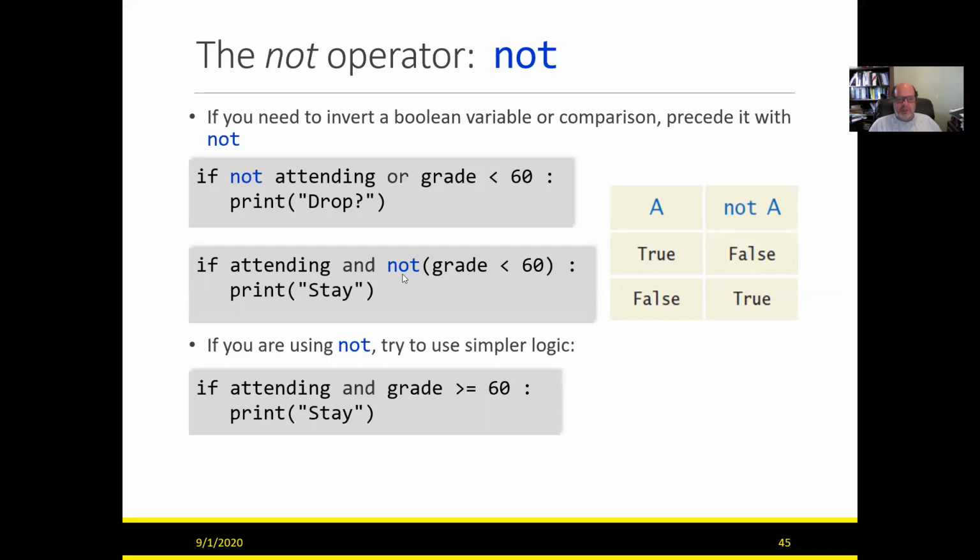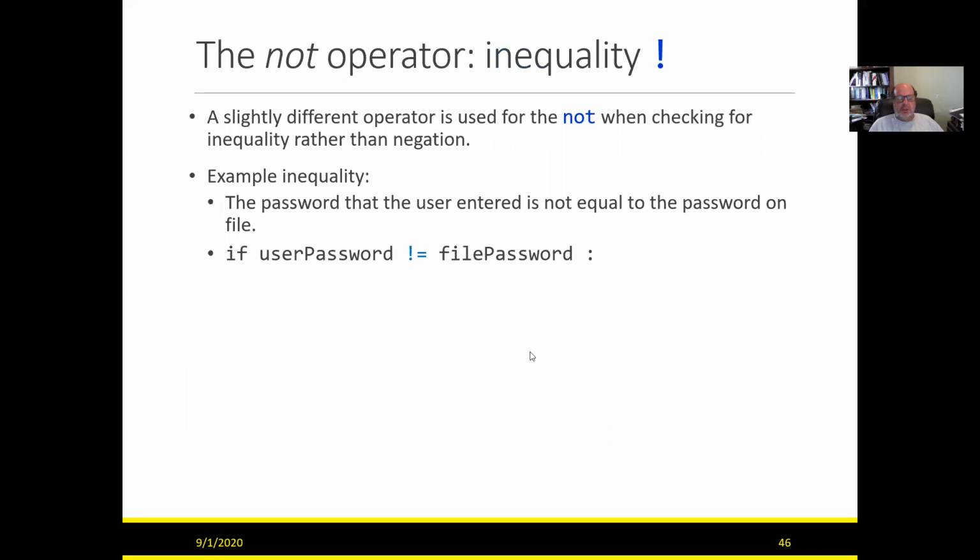So if I have not (A and B), it's the same as not A or not B. We can spend some time on this if you're not familiar with it. So the inequality, we're going to be using that one.